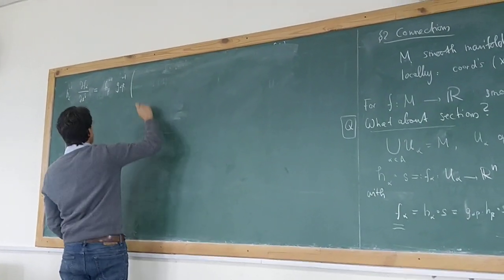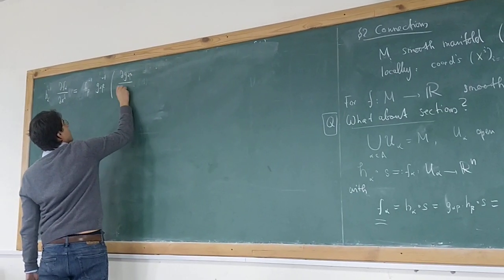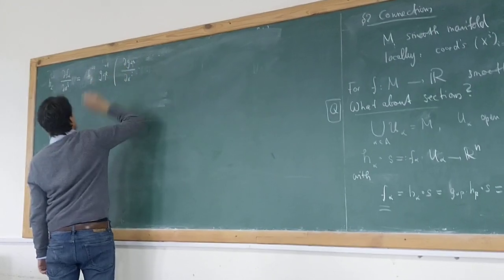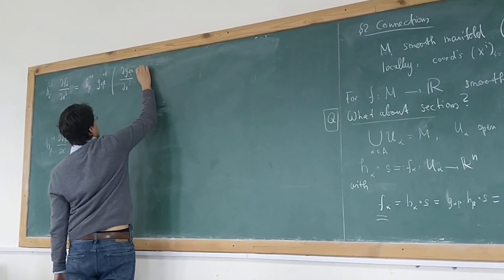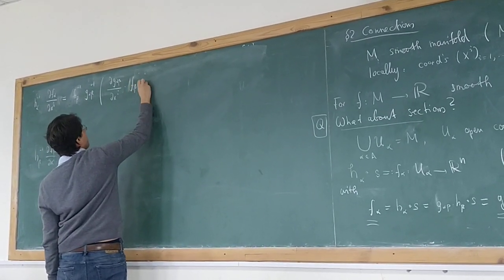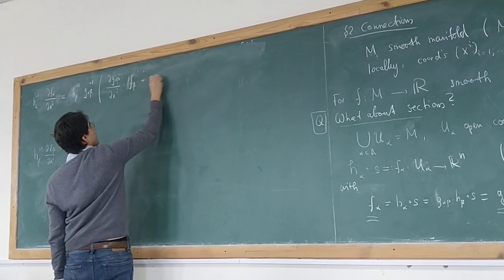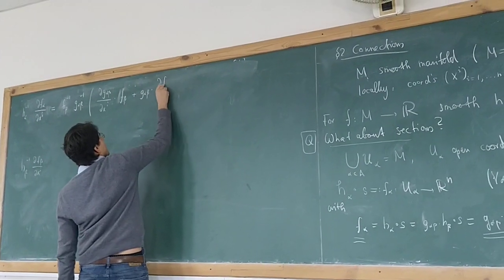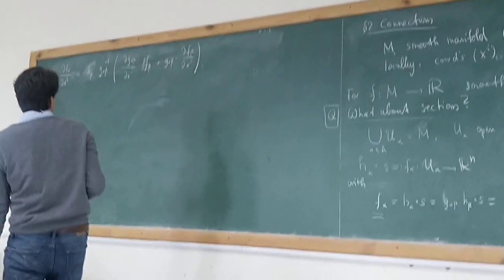And I get dG alpha beta by dx i times F beta plus G alpha beta times dF beta by dx i.